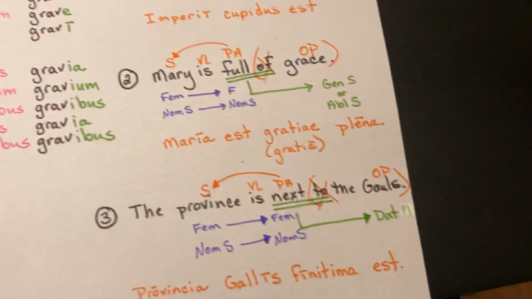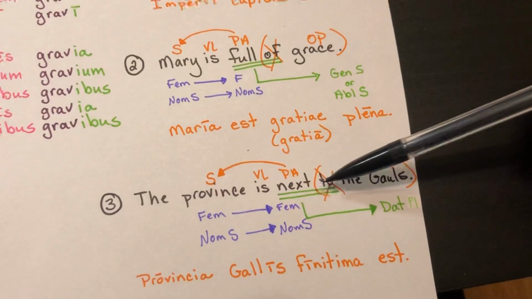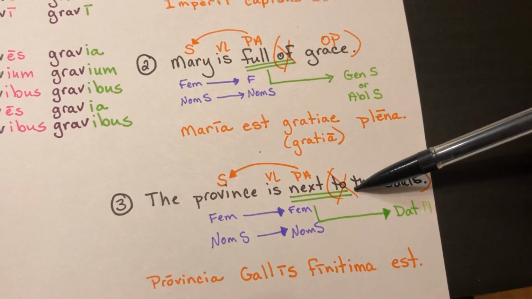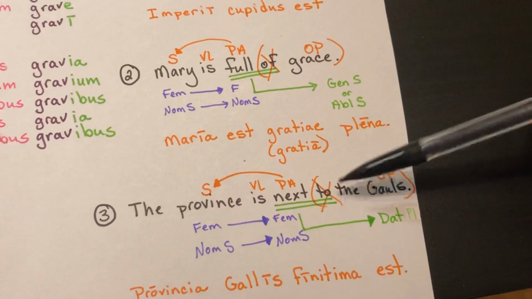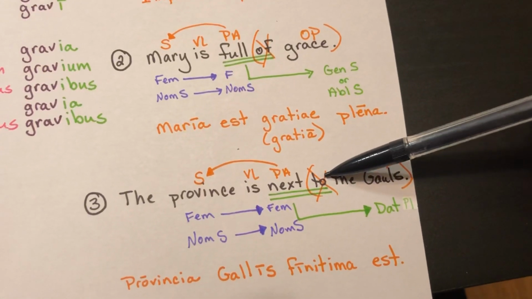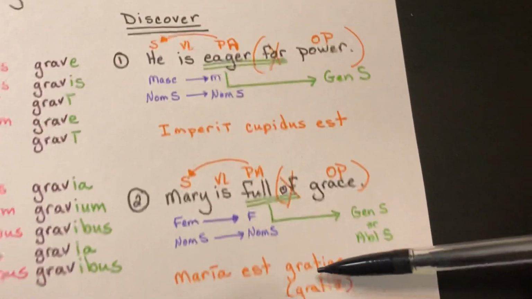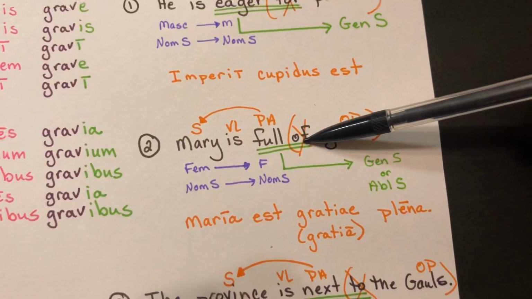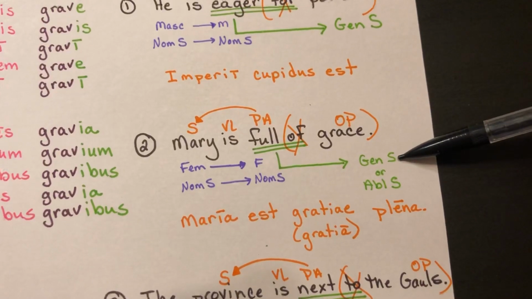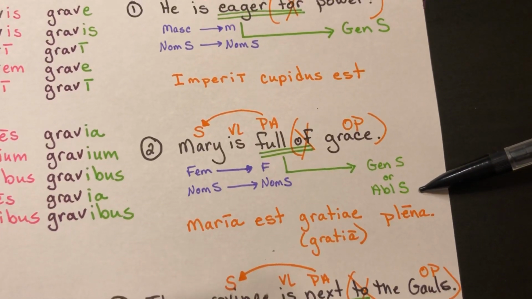So let's come over here. This is an idiomatic phrase in English. Those two just go together, all right? But we will not translate this word into Latin. It tells us that this, oops, I'm looking at the wrong one. This right here, full of, it tells us that it takes the genitive singular or the ablative singular.